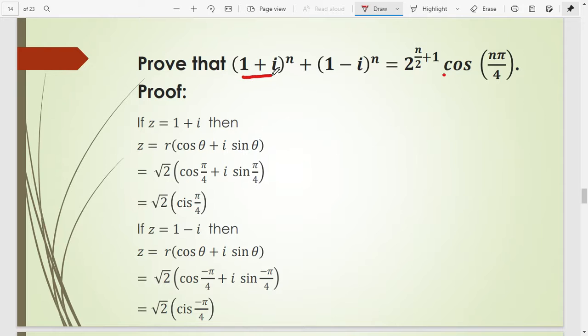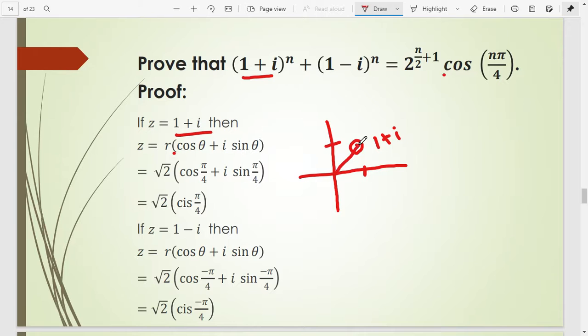Now take 1 + i. z is equal to 1 + i, then z is equal to r(cos θ + i sin θ). In the graph, z has x value 1 and y value 1, so we get here 1 + i.